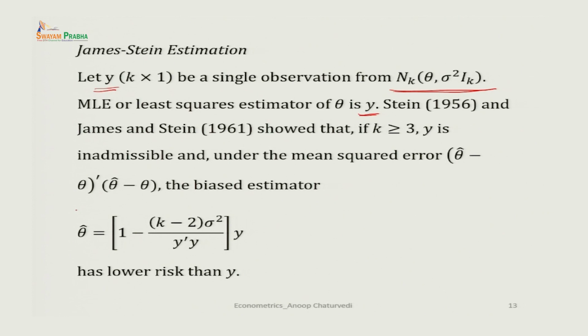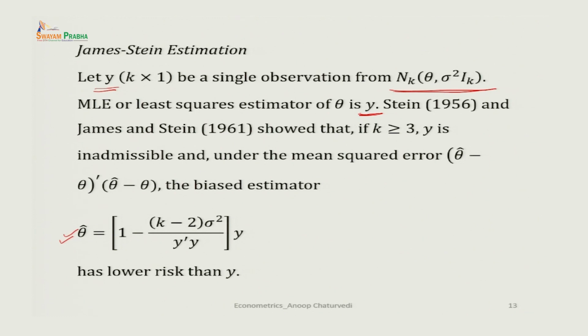So, obviously, this y is an unbiased estimator of theta, whereas this theta hat is a biased estimator, but still this estimator has lower mean squared error than this unbiased estimator. So, this provides an improvement over y. This result was given for the multivariate normal distribution.